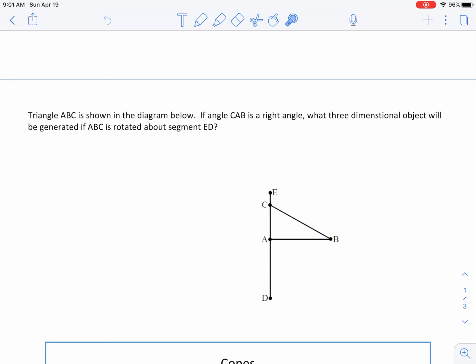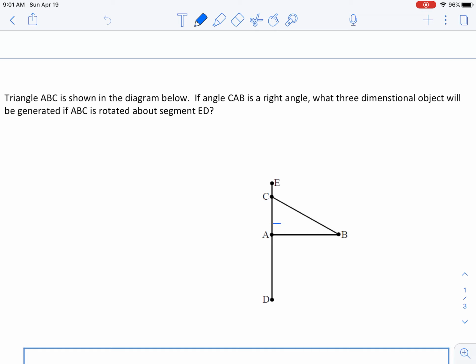So yeah, cones today. And this first part says triangle ABC is shown in the diagram below. If angle CAB is a right angle, what three-dimensional, spelled incorrectly, objects will be generated if ABC is rotated about ED?